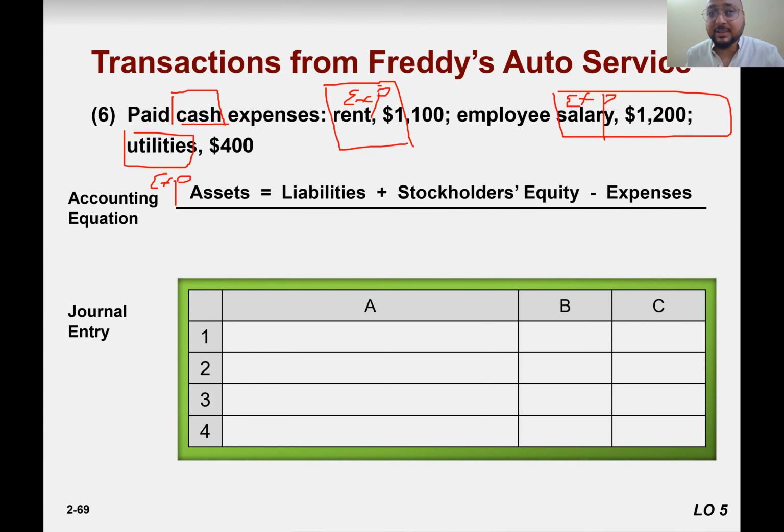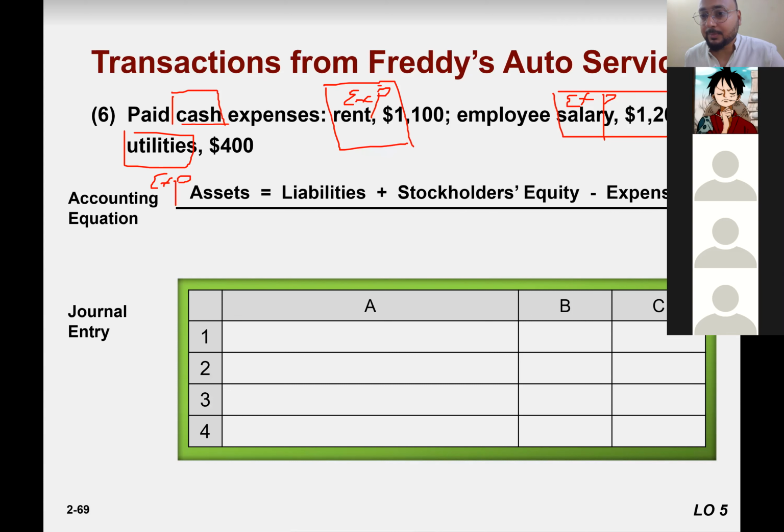So when you pay cash, is cash decrease or increase? Decrease. Please participate. Right? So cash is going to decrease. How much decrease?